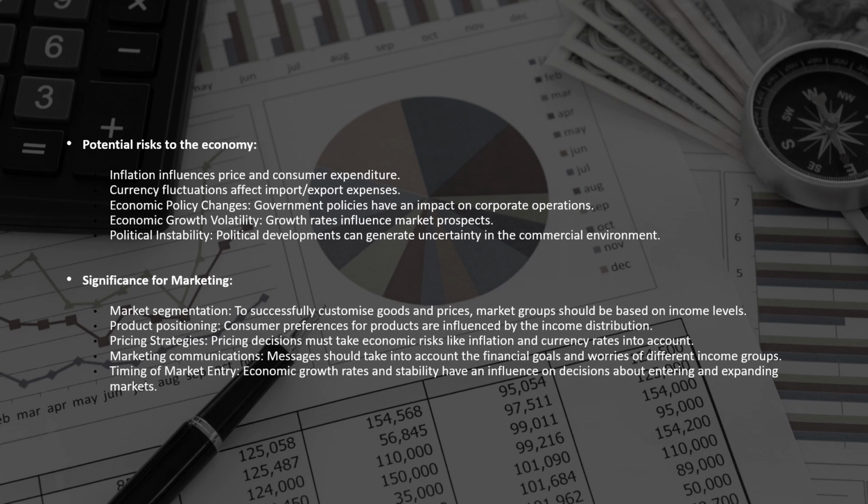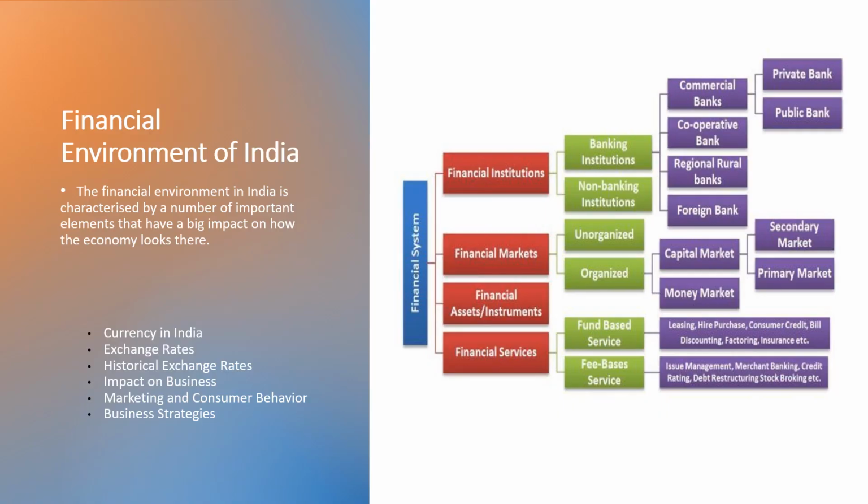Consumer preferences for products are influenced by income distribution, and pricing decisions must take economic risks like inflation and currency rates into account. Market communication is also an important aspect, as well as the timing of market entry. Economic growth rates and stability have an influence on decisions about entering and expanding in markets globally or nationally.